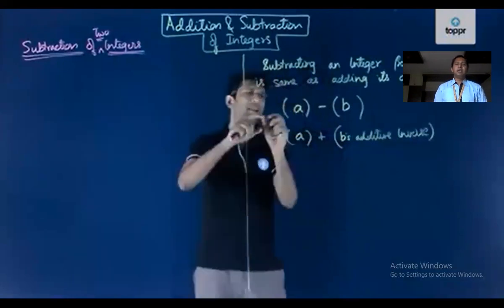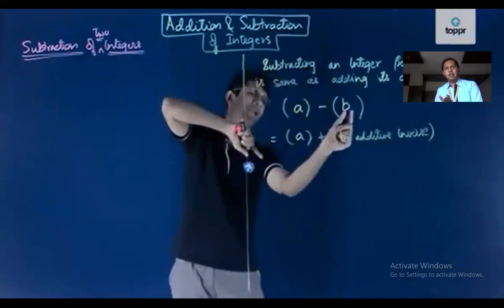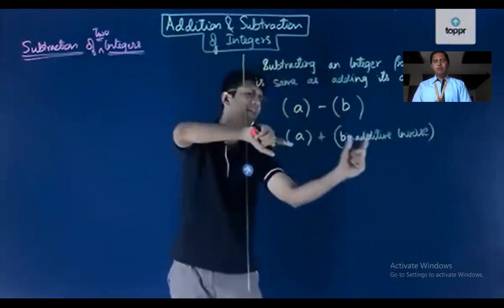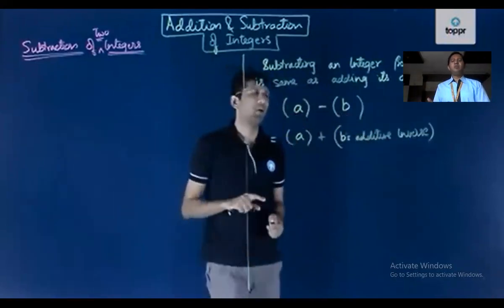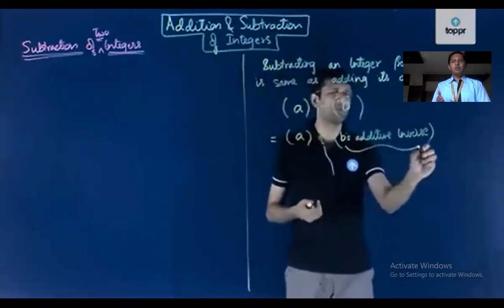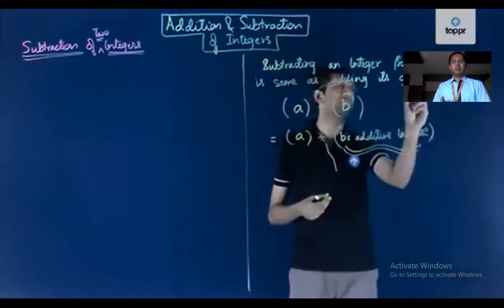Now, in this case, a will remain as it is and b's additive inverse is nothing but minus b, as the additive inverse of any number is the same number with the opposite sign. So b's additive inverse is what? Minus b.